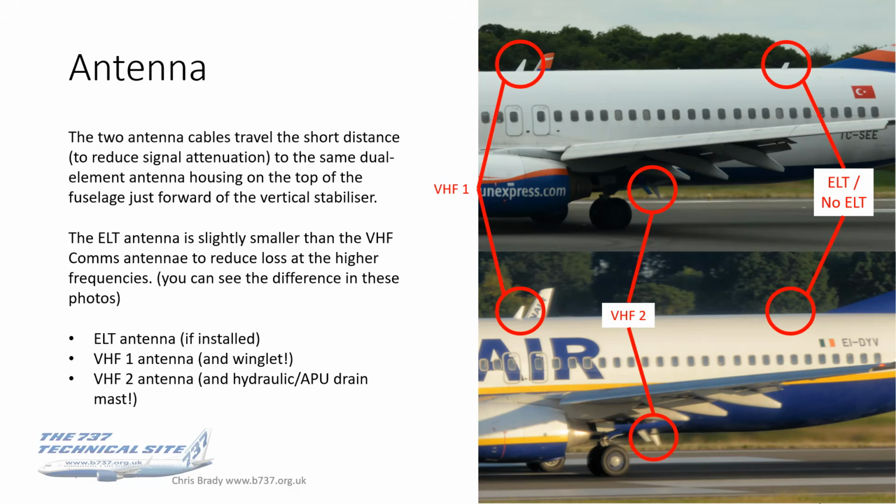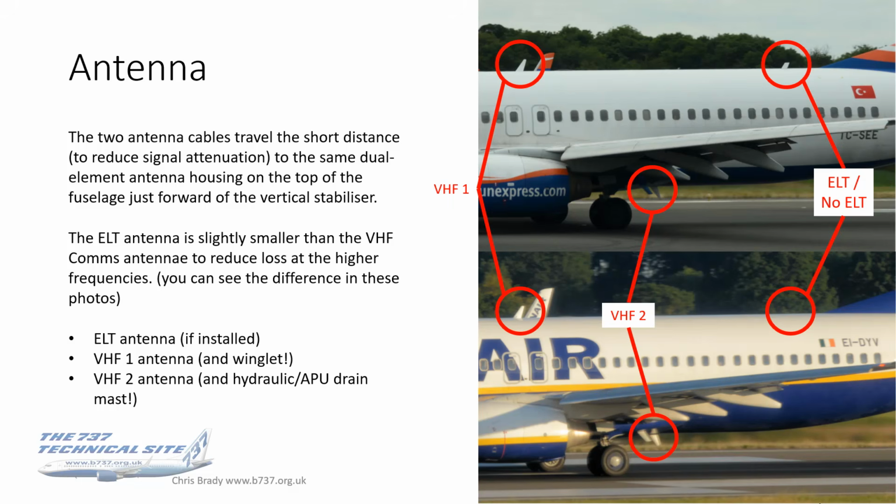Just to compare it to the other antenna, just because I've got this photograph up, it's actually slightly smaller than the VHF comms antenna, the VHF1 and VHF2, which are above and below the fuselage respectively, and that's to match the wavelength of the transmission to the antenna.